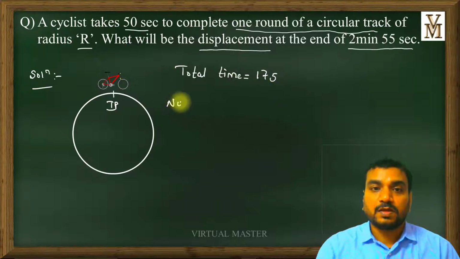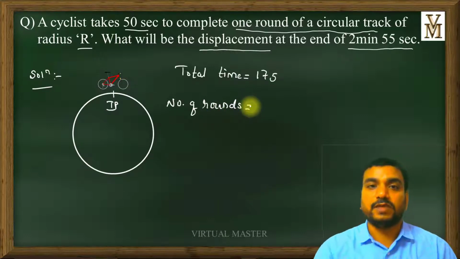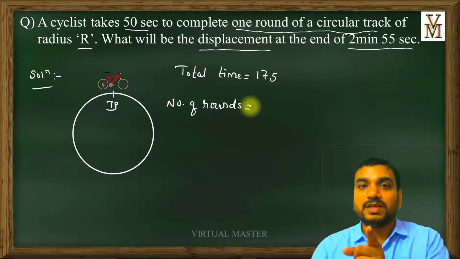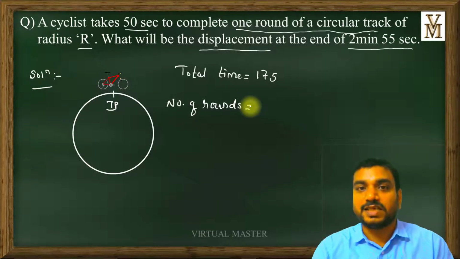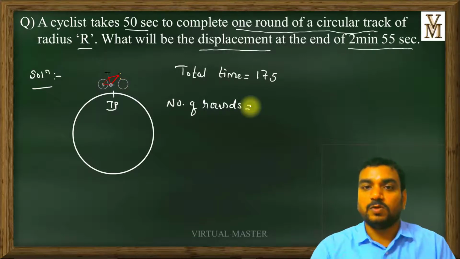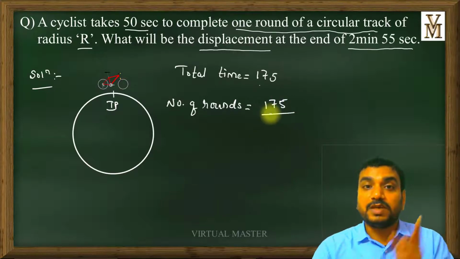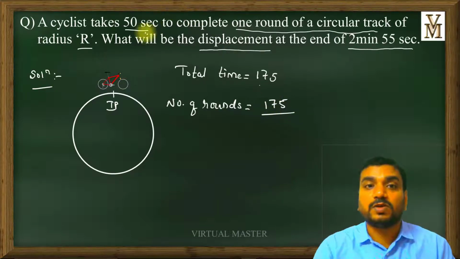Now we have to find the number of rounds completed by the cyclist after 175 seconds. We can use the formula: total time divided by time taken by the cyclist to complete one round. Total time is 175 seconds, and the time taken to complete one round is 50 seconds.